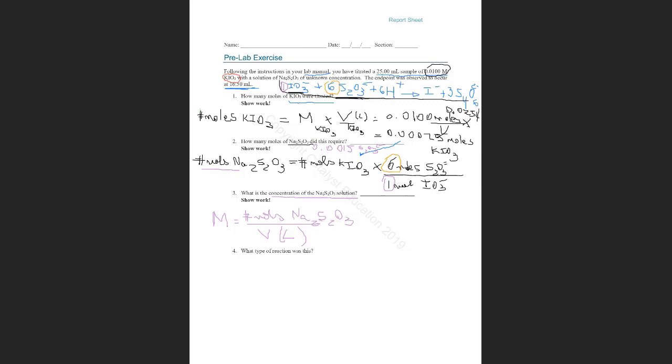So we are going to write this volume in liters, which is 0.01650 liters. And what is the number of moles?